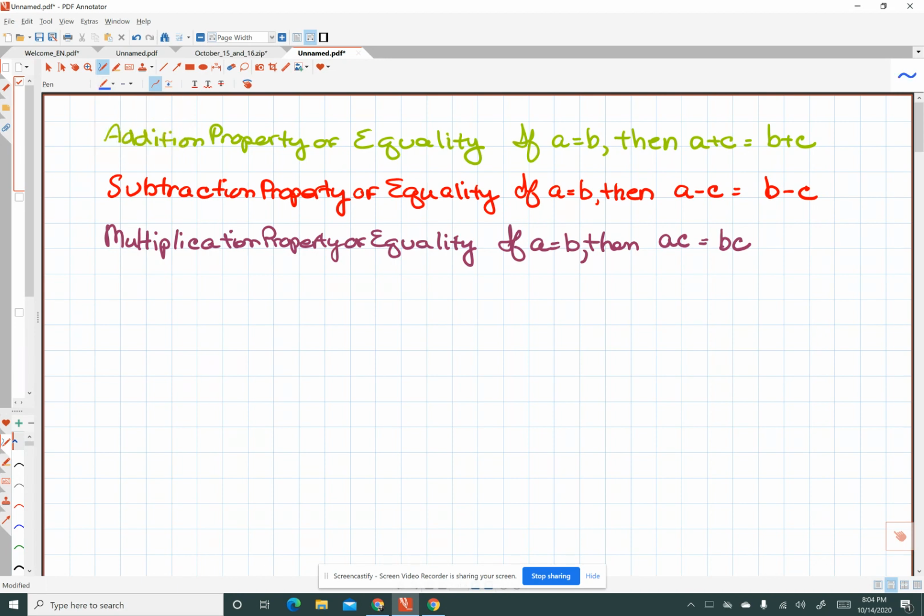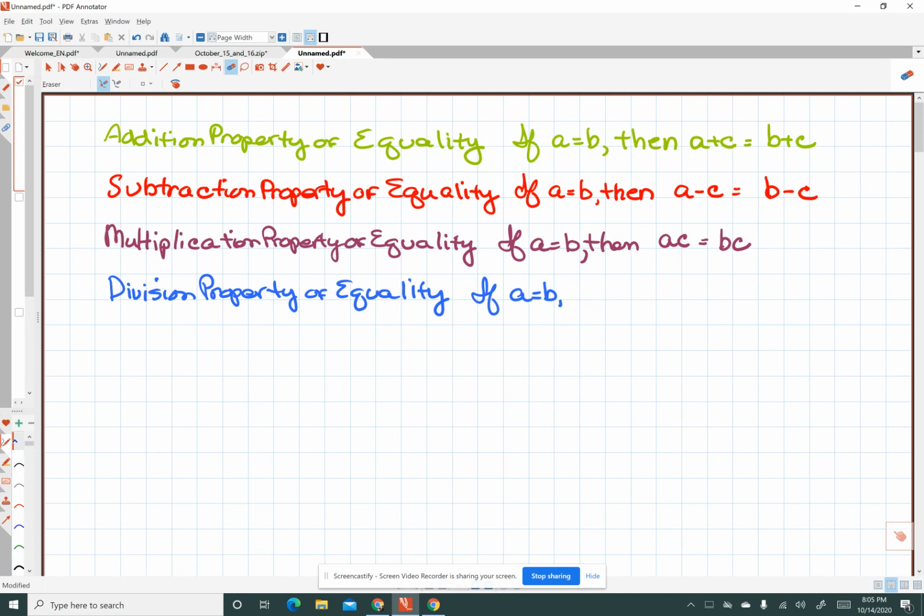Let's pick a new color, and we'll talk about the division property of equality. Which tells us that if A equals B, then, also, let's not forget, we have a caveat here.